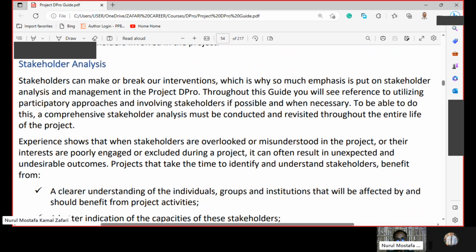Stakeholders can make or break our interventions, which is why so much emphasis is put on stakeholder analysis and management in the project DPro. Throughout this guide, you will see reference to utilizing participatory approaches and involving stakeholders if possible and when necessary. To be able to do this, a comprehensive stakeholder analysis must be conducted and revisited throughout the entire life of the project.